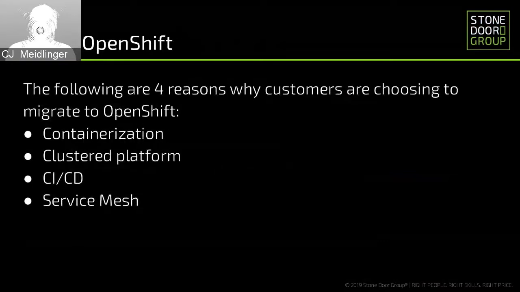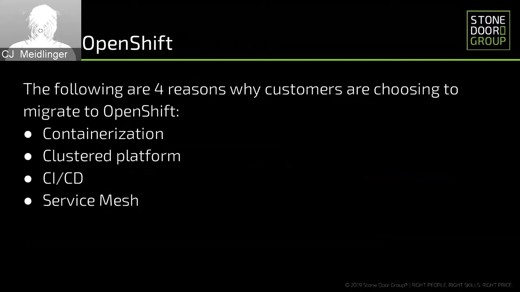So OpenShift, where does that come into play? One of the finest aspects of OpenShift is the containerization. Now that's not specific to OpenShift. There are a lot of containerization solutions out there, but moving your legacy application from a full operating system stack into a Linux container gives you a lot of portability.